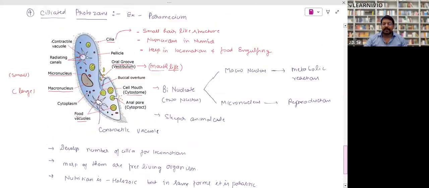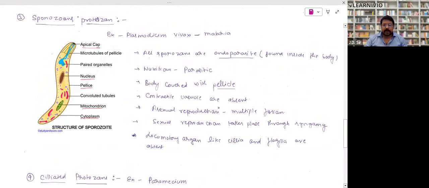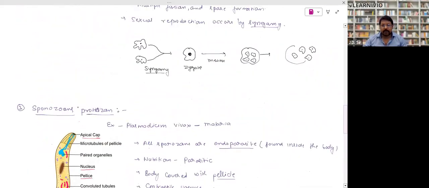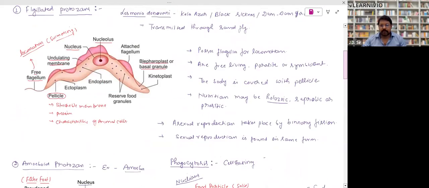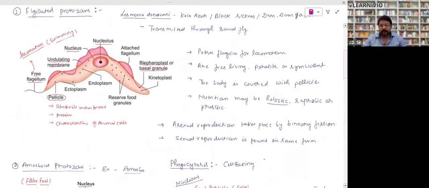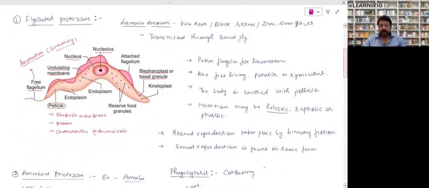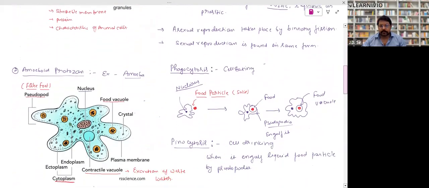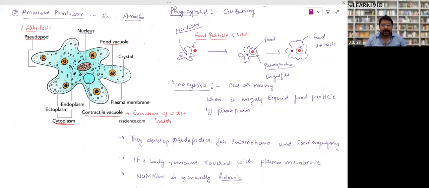Exactly, excretory system. I have told you over here. Contractile vacuole is absent here, and look, I have told you the function of contractile vacuole: excretion of wastewater.